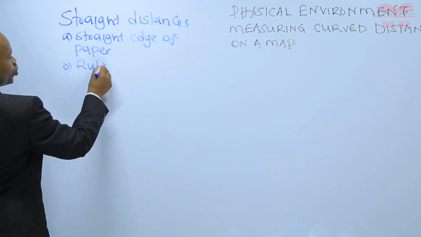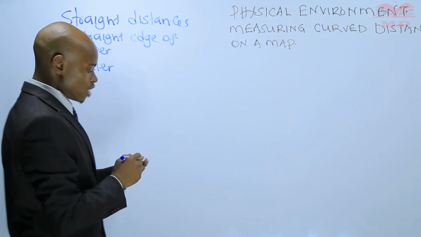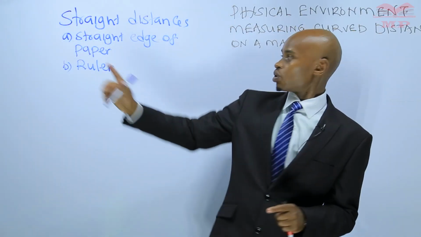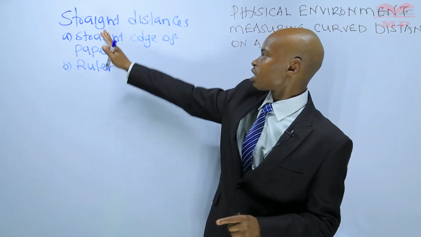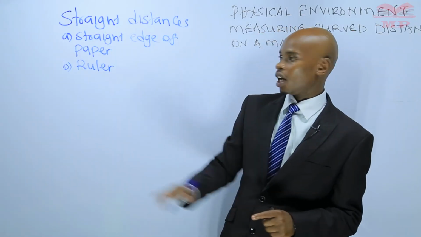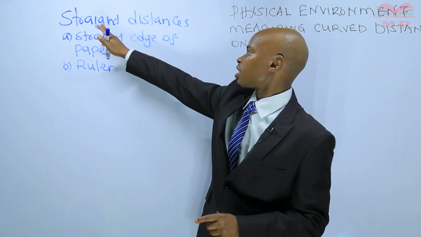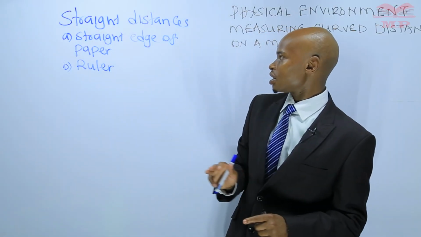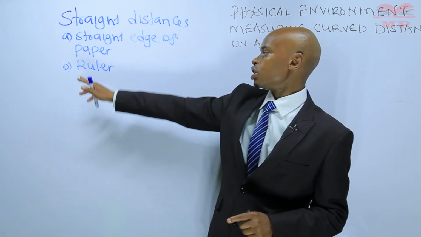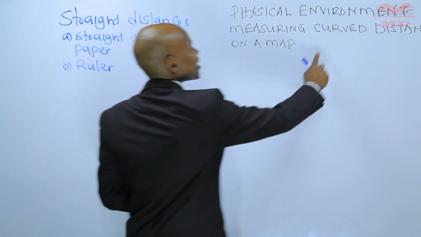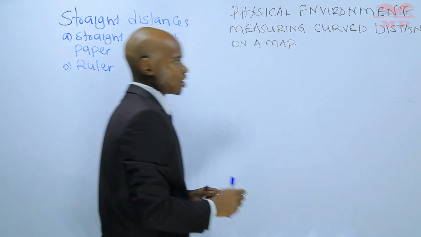We demonstrated how to use a straight edge of a paper to get a straight distance, and we also used a ruler to get a straight distance on a map. Today we are on curved distances.